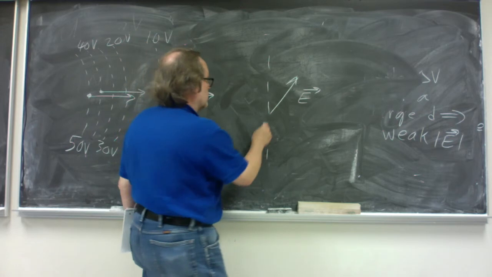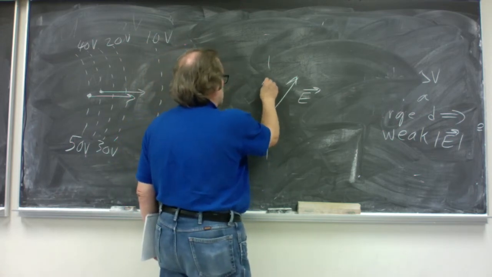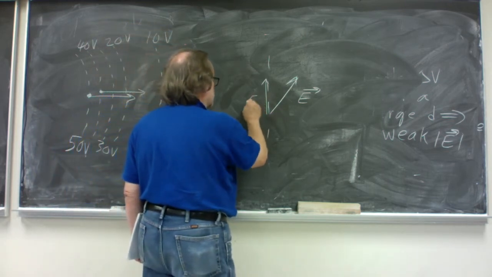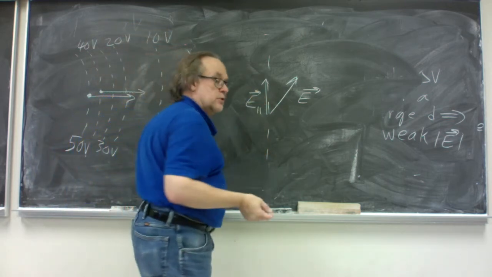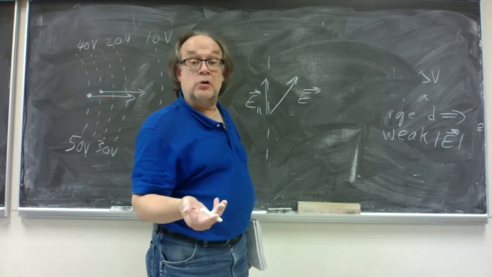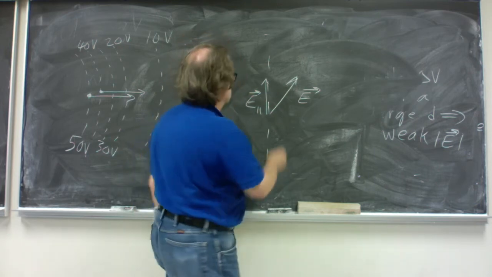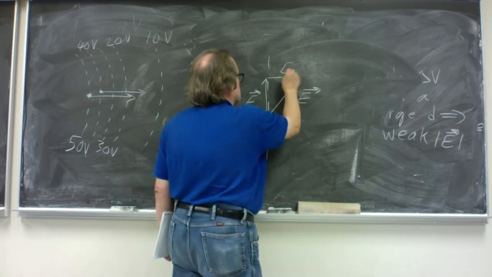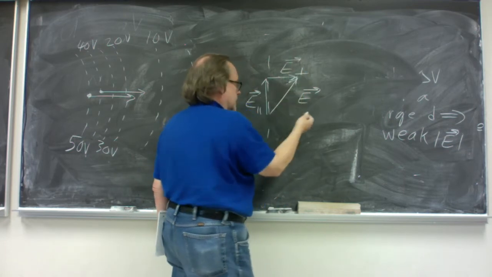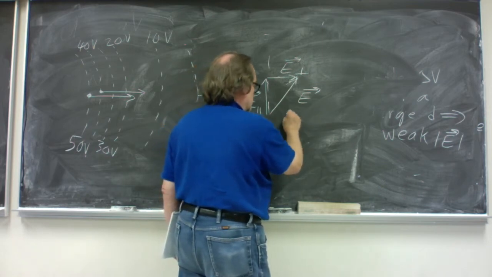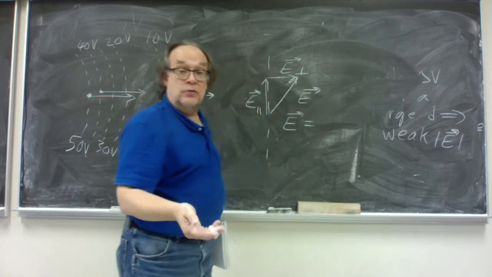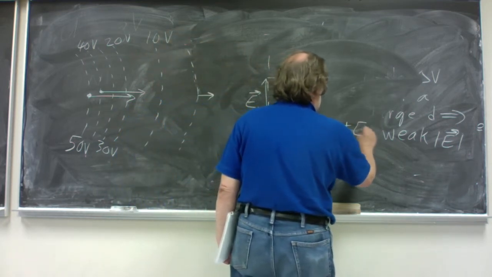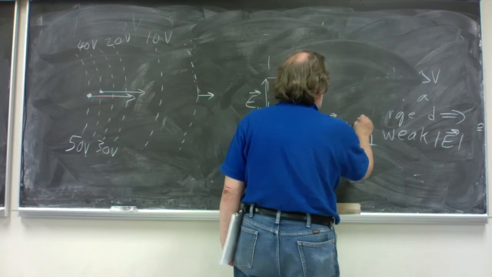There's a component of electric field right along or parallel to the equipotential line, so we'll call that E parallel. And then there's a component of E perpendicular to the equipotential line, pointing that way. So we'll call it E perpendicular. And the actual electric field is just the sum of those two components, E parallel plus E perpendicular.